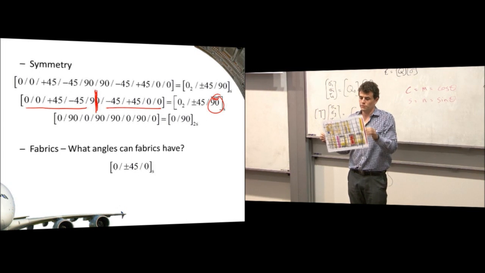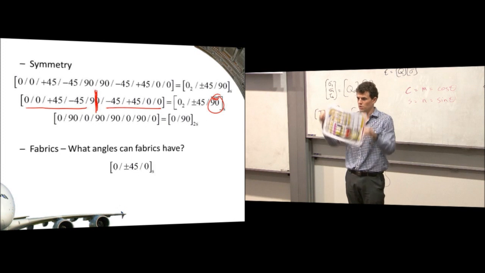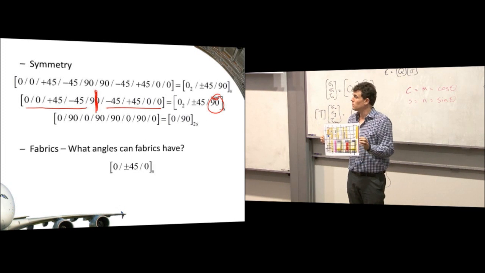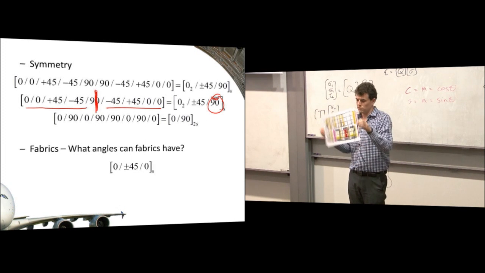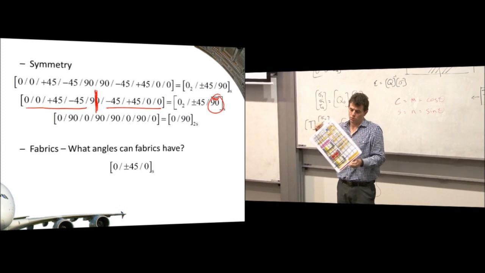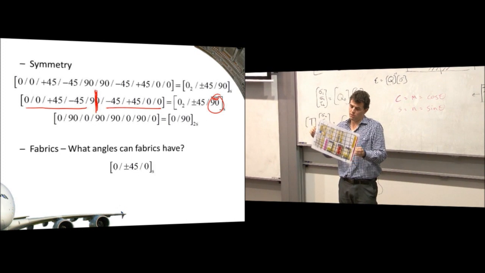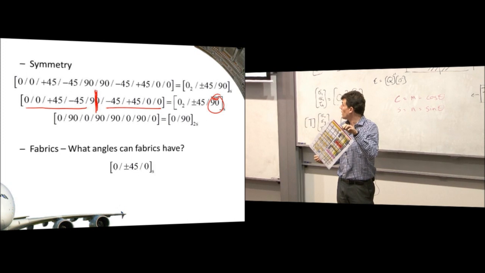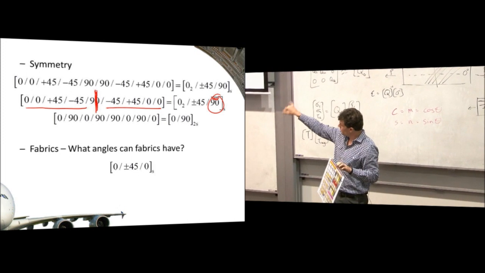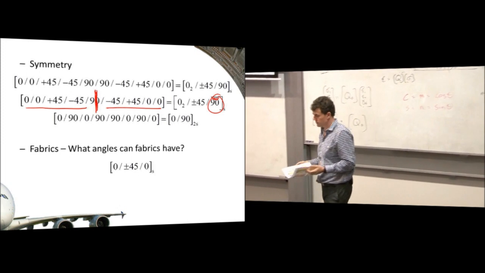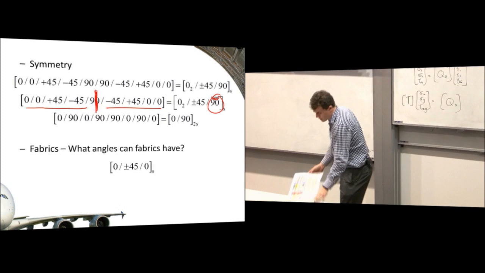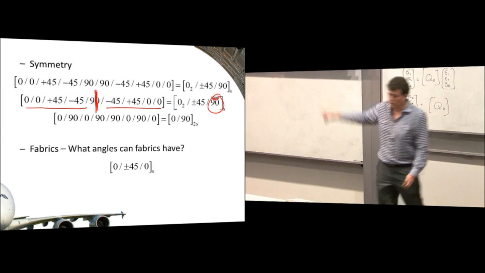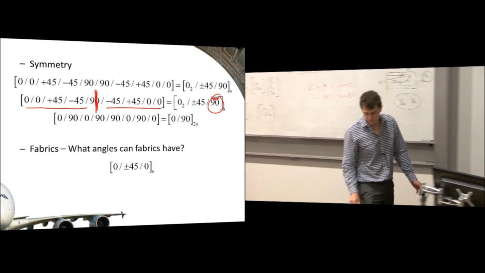Because a 45 and a minus 45 are the same thing. Or so minus 45 to plus 45 we need. So we go anywhere from there around to there, and we can write the fabric codes out in the same way. Often you'll see, instead of just a plain 45 for fabrics, people will write a plus minus 45.